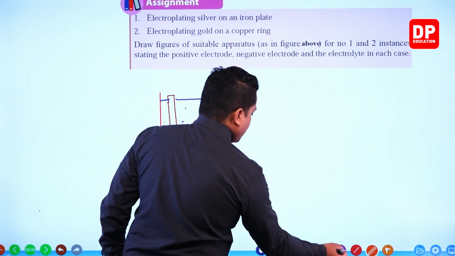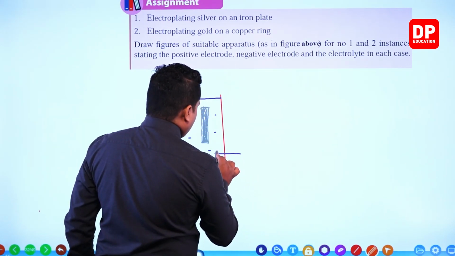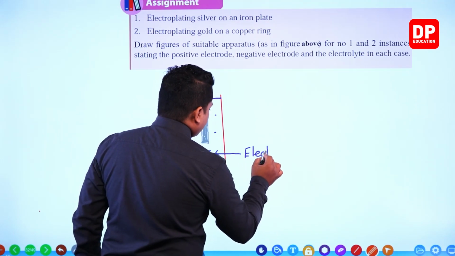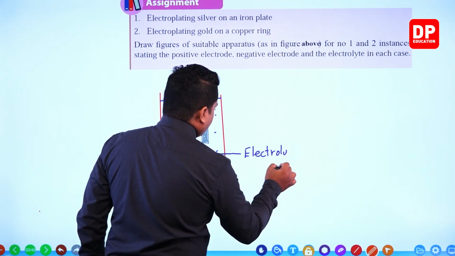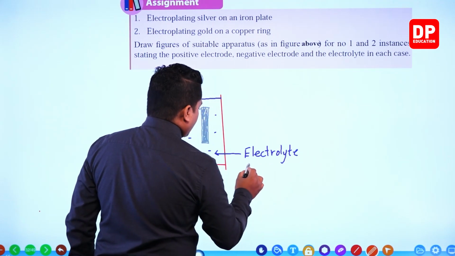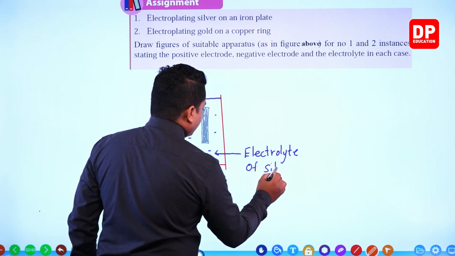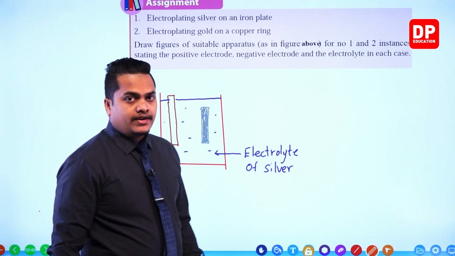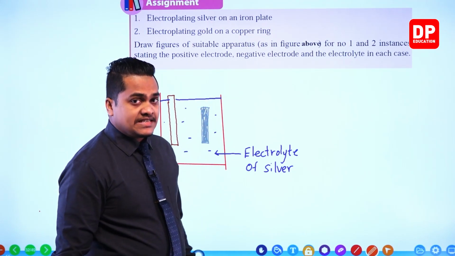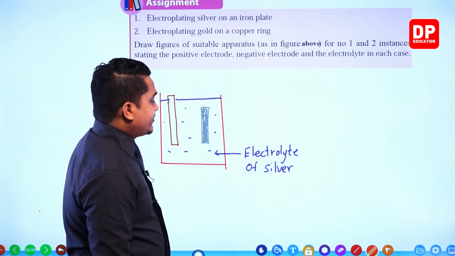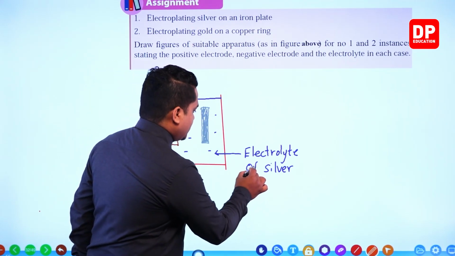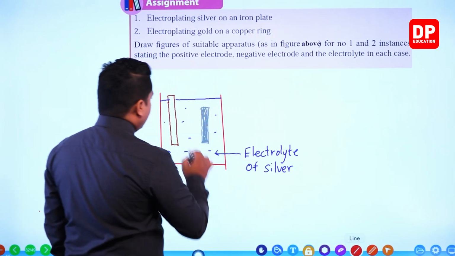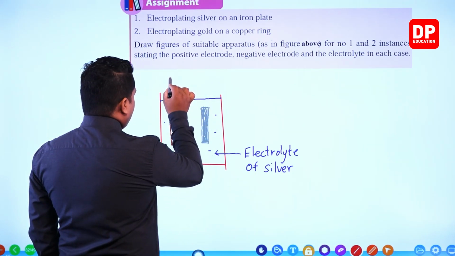So here we need to use an electrolyte of silver, like silver chloride, right? Silver chloride can be used, or silver cyanide. So electrolyte of silver. Then we need to connect the terminals properly.